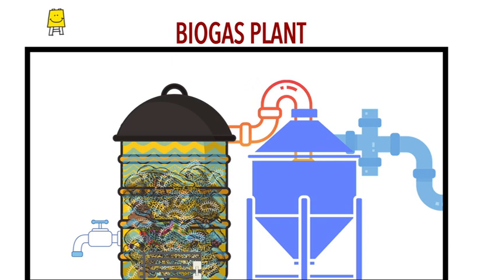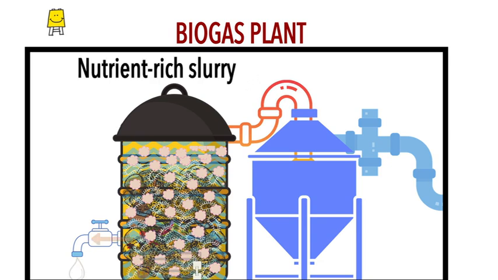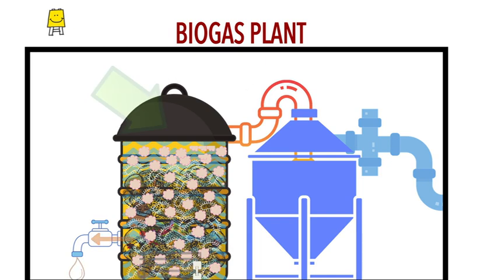Anaerobic bacteria carry out fermentation and break down the organic matter. The nutrients present in the waste dissolve in the water inside the tank to produce nutrient-rich slurry.